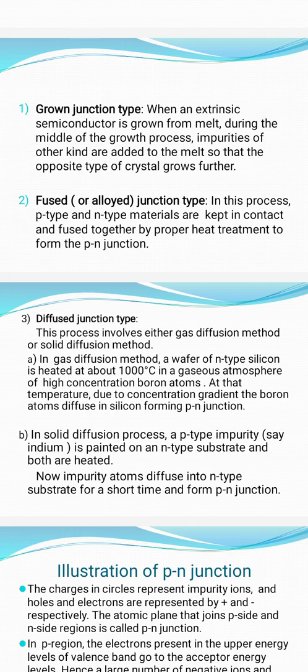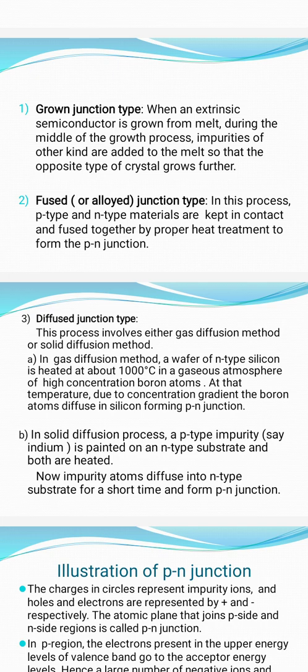Now give some thermal energy, that is, heat the P type semiconductor. When we heat that substance, some impurities of the N type semiconductor fuse into the surface of the P type semiconductor and it leads to the formation of the PN junction.